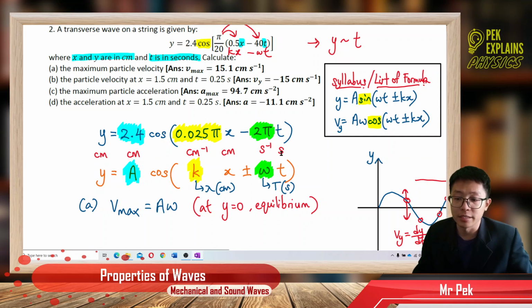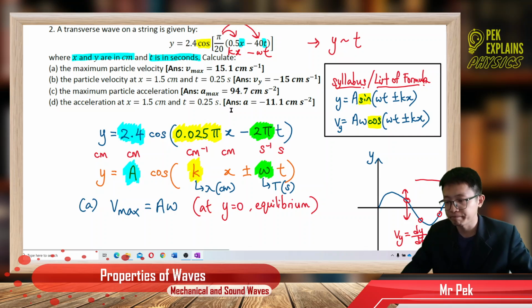Imagine if the time is millisecond, then my period must be in millisecond, because if time is millisecond, then the omega is per millisecond. So my period is millisecond. So the unit is the most important. Okay, be careful with the unit.